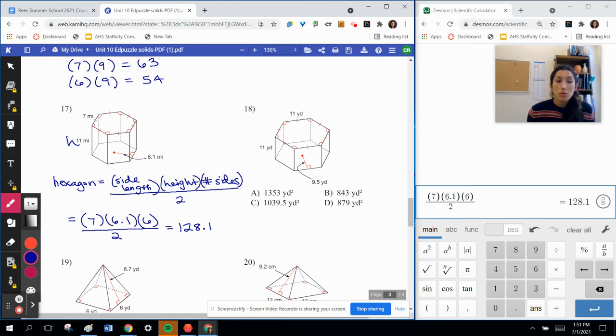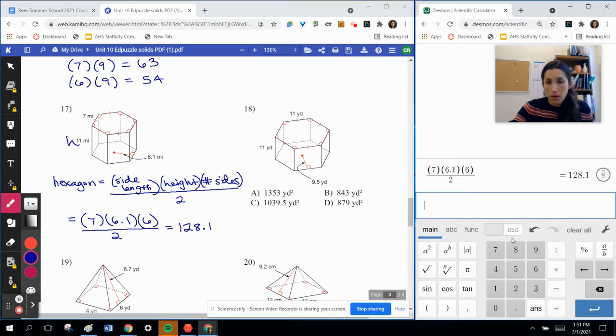Now we have 2 of those. So that's this piece down at the bottom here. Also this hexagon up at the top here. So for surface area, we're going to add all of them together. So we have 2 of those pieces, the 128.1. And then we also have some rectangles. So we have 2 hexagons, so surface area equals 2 hexagons.